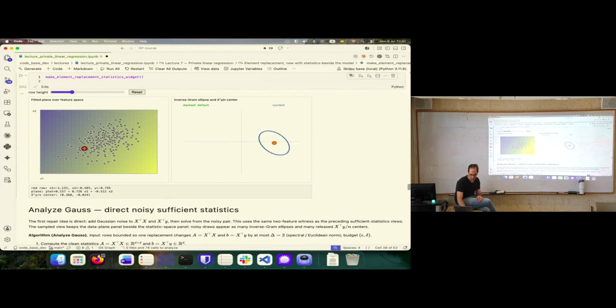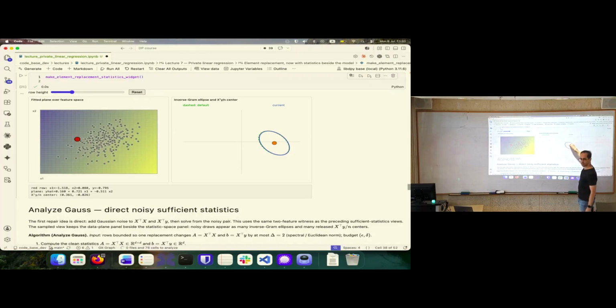So my point was that as your point is closer to the center, changing its y doesn't have a big effect, as we saw before. As it moves away, it changes both the covariance and the center. So basically this tells me the entire model.